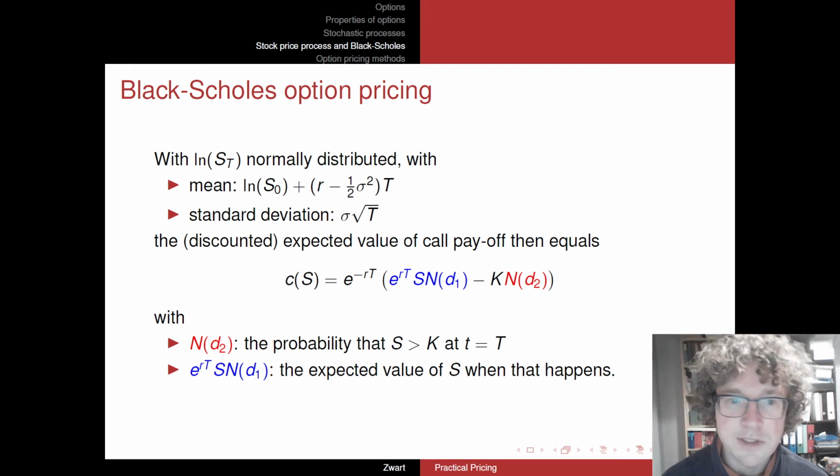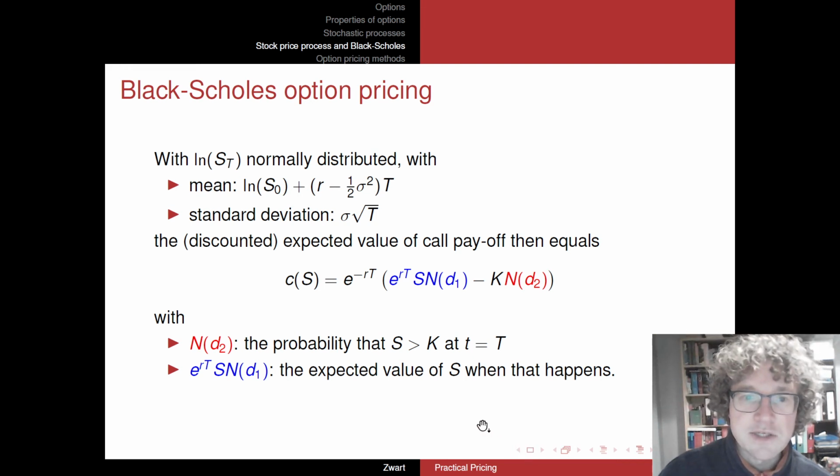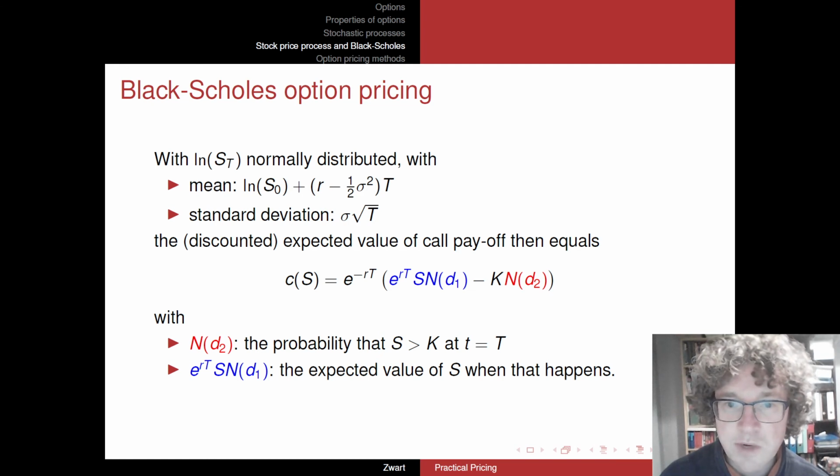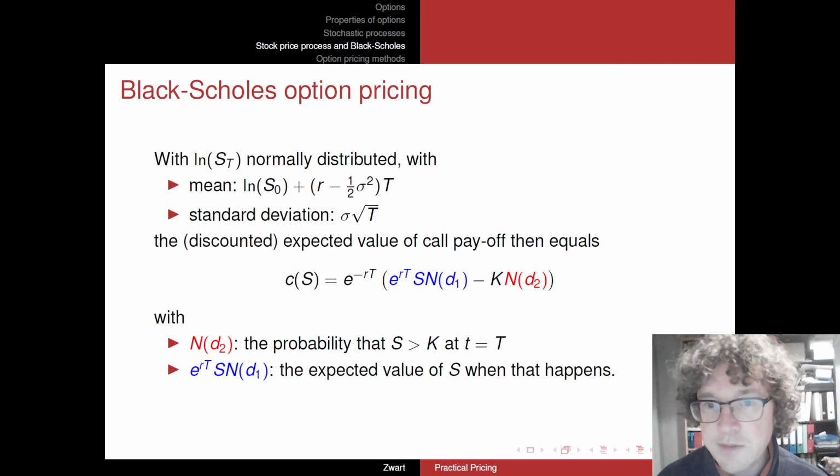It consists of two parts. Here we can see these two parts at work. Let's focus first on the red part over here. We see a minus K, which is the strike price, and this red bit N of D2, which I'll explain in a bit, denotes the probability that S, the stock price at time T, is going to be bigger than the exercise price K. And remember, this is a call option, so as long as S is bigger than the exercise price, we're going to exercise this option and pay the strike price K in order to get this stock, because then it's going to be profitable.